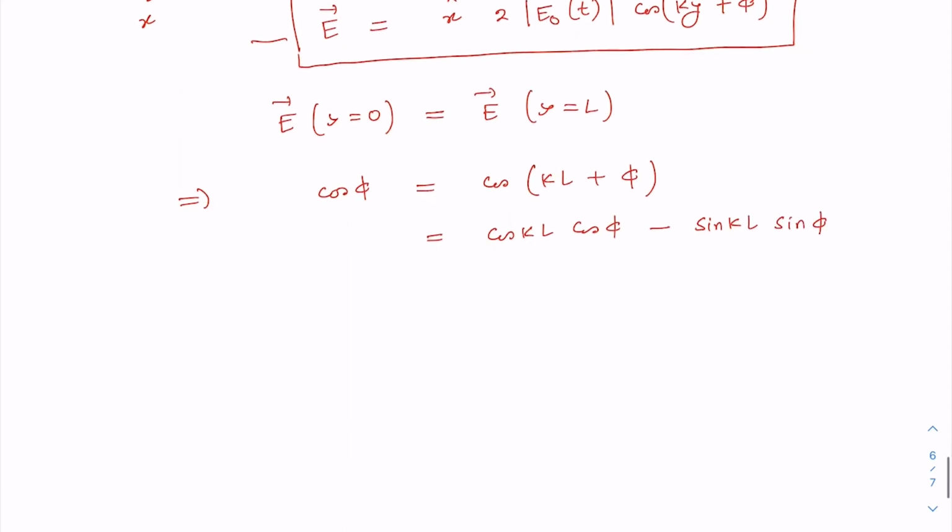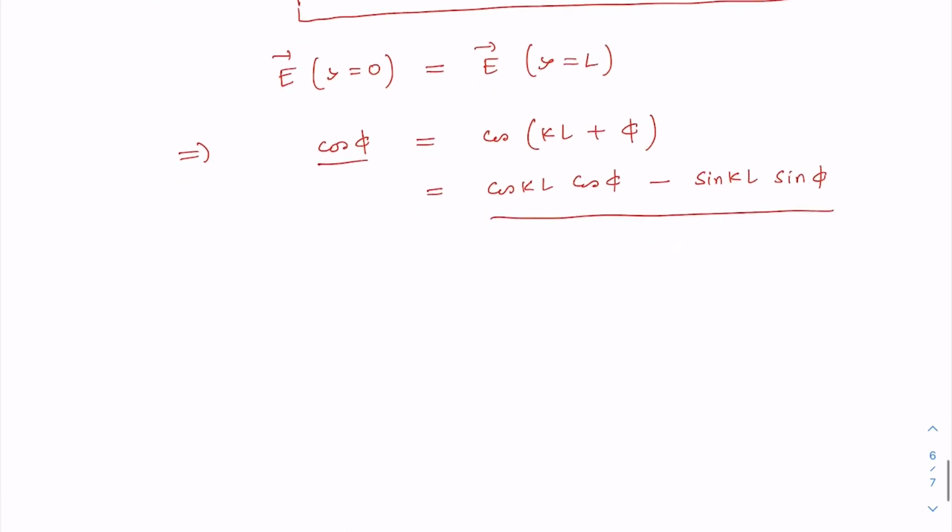If I look at both the left hand side and the right hand side, then immediately I can say that this equation would be valid if sin kL is equal to 0, which I can write as an integral multiple of pi, m pi.